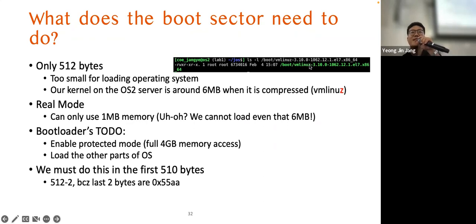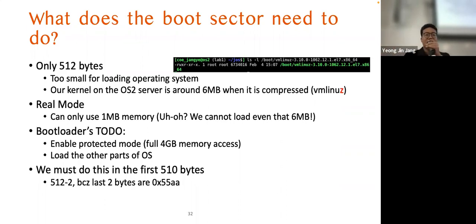The z here means that the kernel is compressed with zip. The zipped code size is around 6 megabytes. I tried to unzip some of the Linux kernel, and it shows up as 24 megabytes or something. So 24 megabytes versus 512 bytes, we cannot fit the kernel entirely in the boot sector.